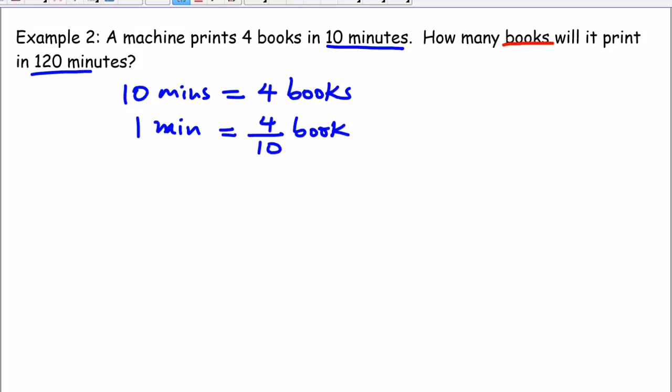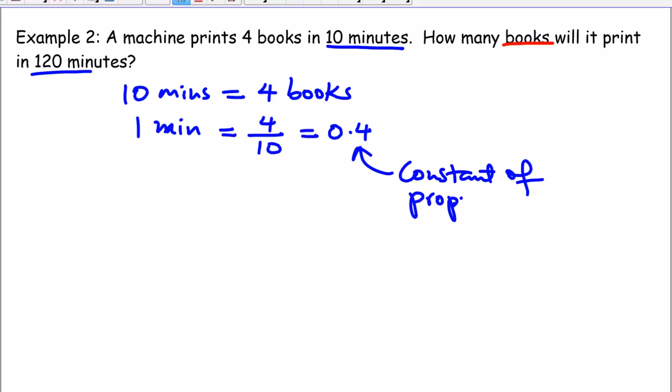It doesn't make sense, of course, 4/10 books, because you know that books has to be a whole number, but this is our constant of proportionality. So we'll just write what it is. This is our constant of proportionality. And you're going to use it to find the missing part of this.